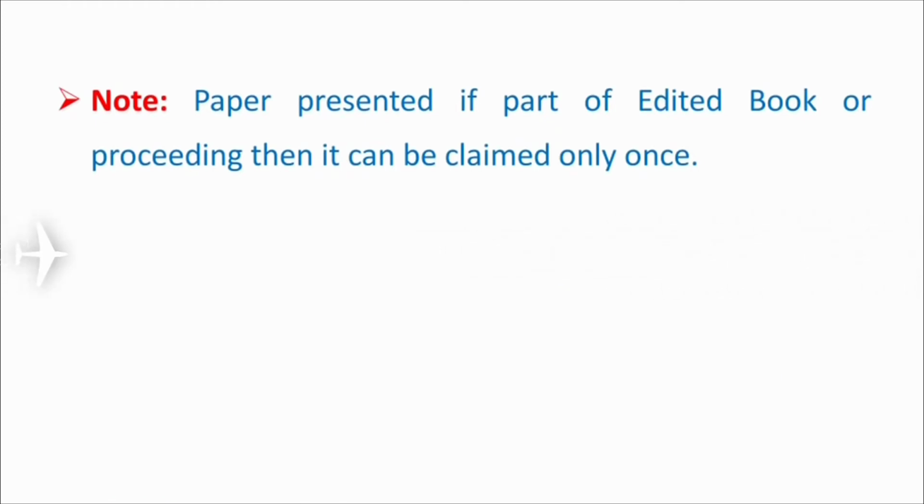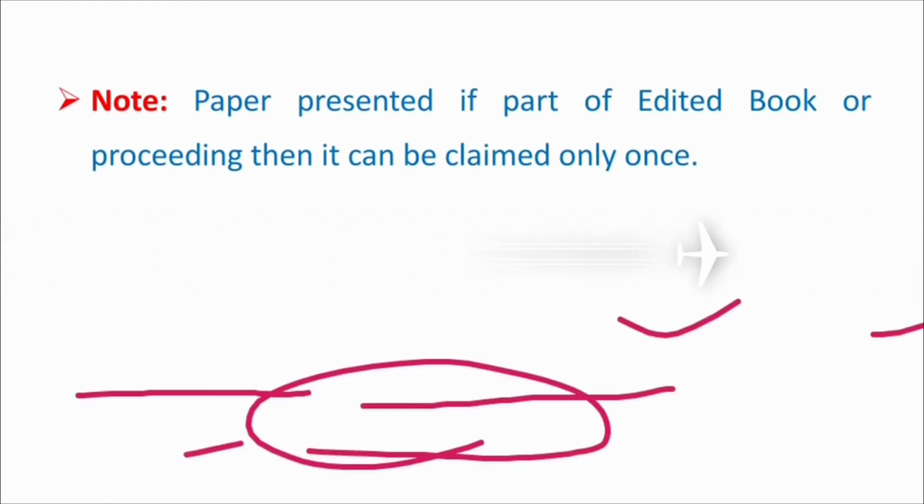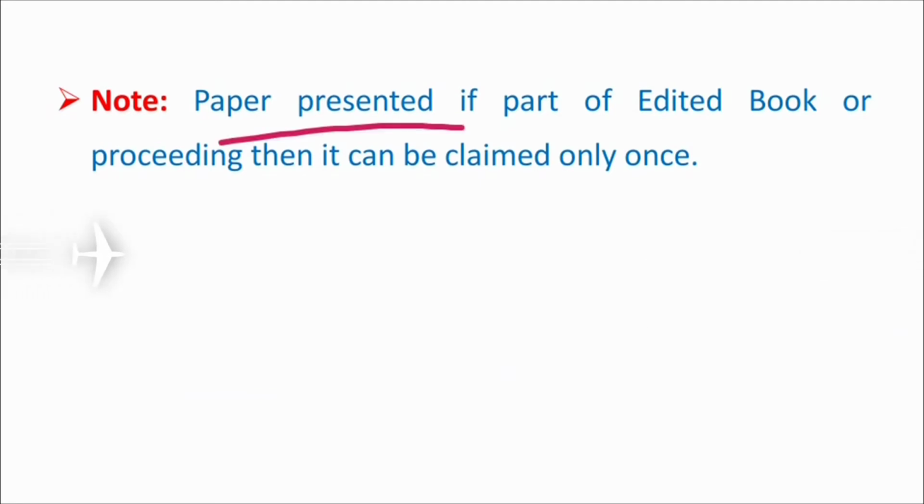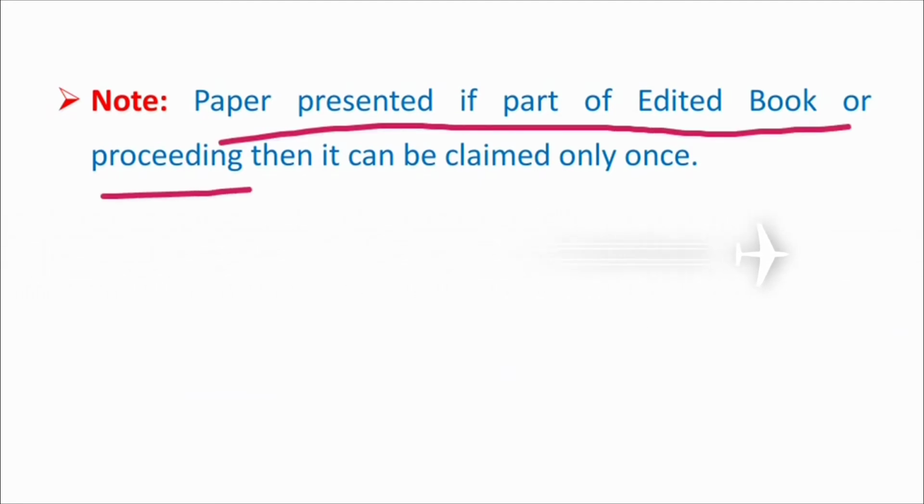If a paper is presented as part of an edited book or proceedings, it can be claimed only once. It means if your paper is published in conference proceedings or an edited book, you have to claim only once.